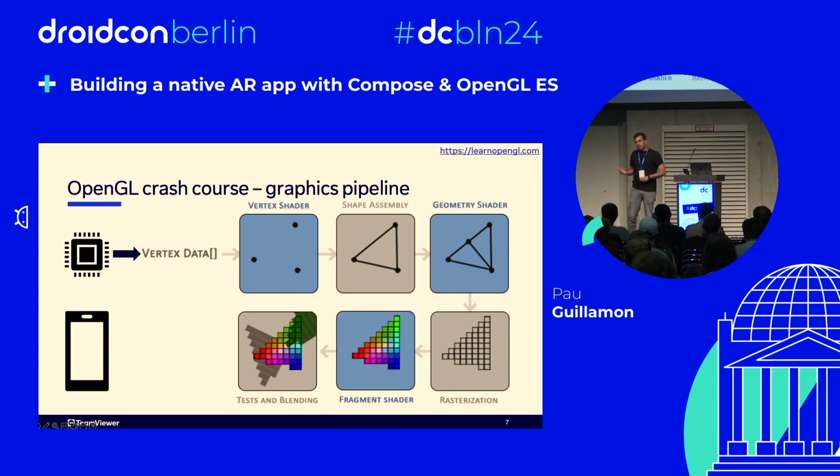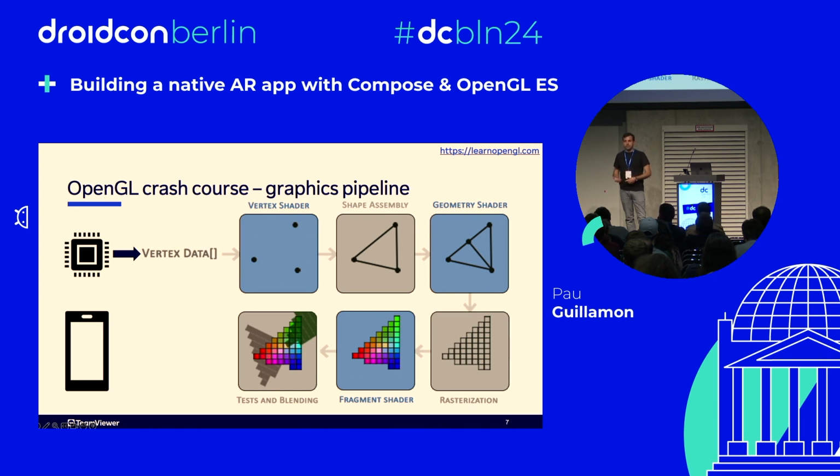Then there's shape assembly and the geometry shader, which combined are in charge of generating that geometry out of the vertices. Then there's the rasterization, which is the process of dividing each triangle into fragments. You can think of fragments as pixels, but there usually isn't a one-to-one relationship.